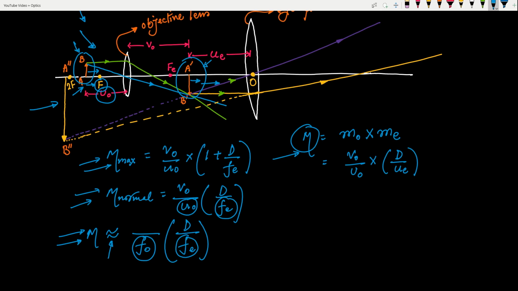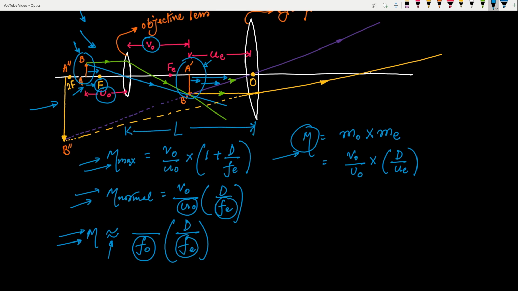But we never keep the object on focus, we keep it very close to the focus. Therefore this image will be formed very close to the eyepiece. I hope this much is clear. If this image is very close to the eyepiece, we can say that the image distance V0 is almost equal to the length of the compound microscope.